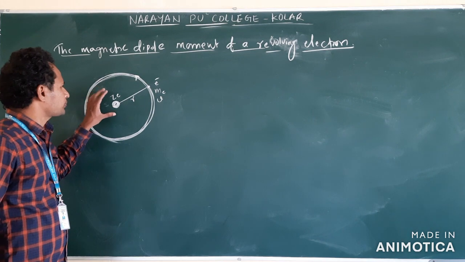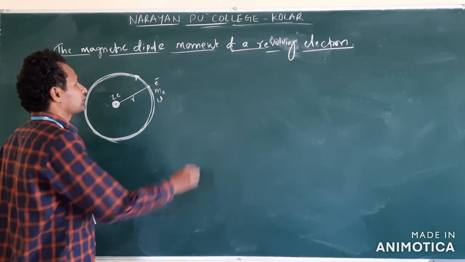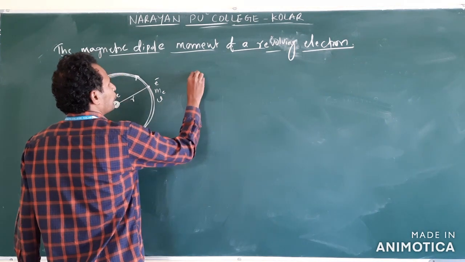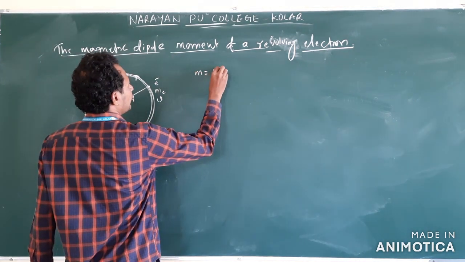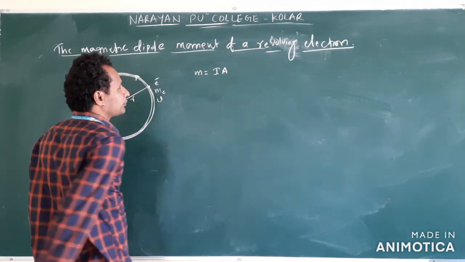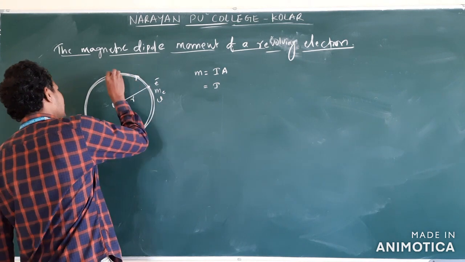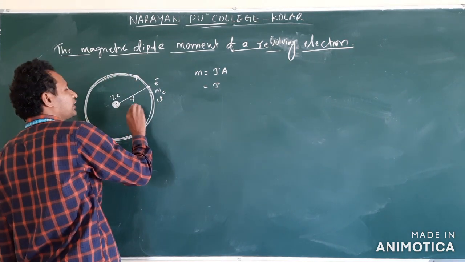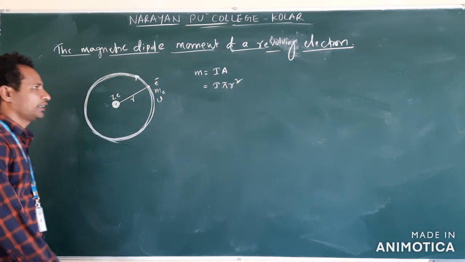Now, how do we write the magnetic moment formula for this? According to the previous discussion, M is equal to current into area. Current is I as it is, and the area is the area of this loop, with fixed radius R, so pi R square.